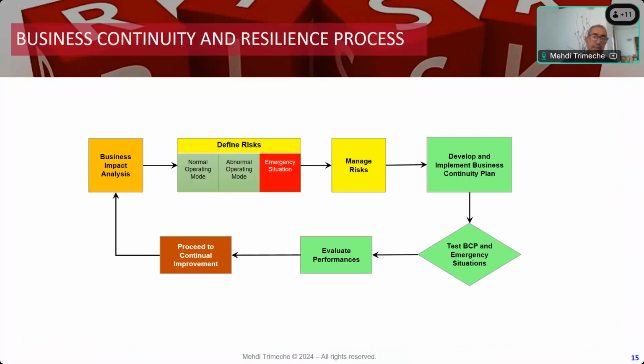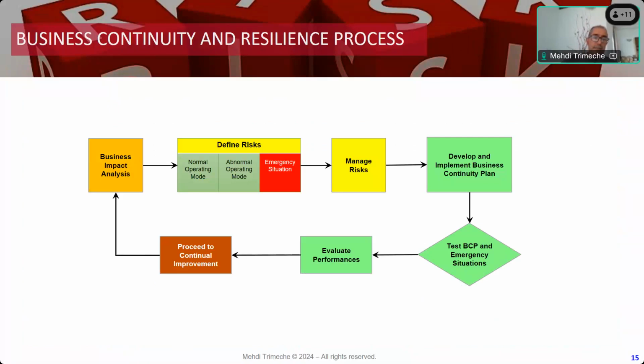From that, we define the risks, and here there are two steps: to identify and to define. To identify means to discover, and to define is a right definition of the risk, including what is the event that might happen, what is the probability of this event, and what can be the consequence if it ever happens.